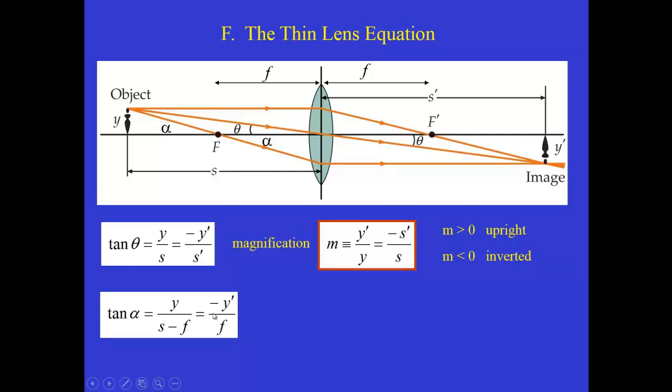And then we can also look at the tangent of alpha on the right-hand side of the focal point and see that the opposite side is the image height, y prime, and then we have to divide by the focal length. And we put a minus sign in there again because in this case y prime has a negative value, and we want the tangent of alpha to be a positive value. So those are equal to each other as well.